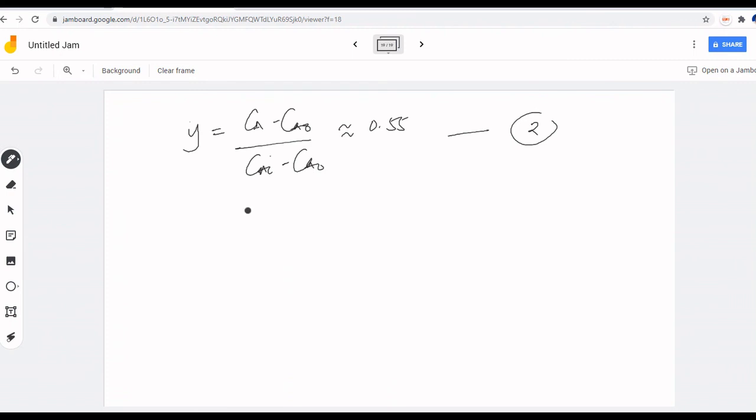Now, for CAI, you need the partial pressure at the interface divided by the product of R and T. The partial pressure in the interface, in this case, will be the vapor pressure of A. This would be measured at 318 Kelvin. Because A is going to diffuse, the naphthalene is going to diffuse to your air.